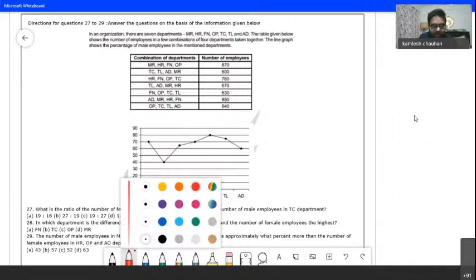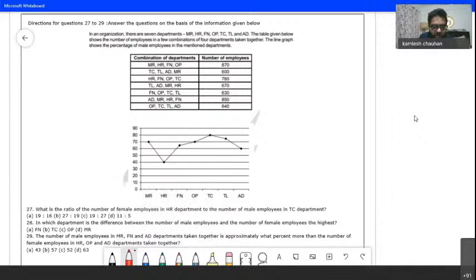if the 5 departments, I'll see MR. So MR is once, twice, thrice, 4 times. HR 1, 2, 3, 4 times. FN 1, 2, 3, 4 times. OP 1, 2, 3, 4 times. TC 1, 2, 3, 4 times. TL 1, 2, 3, 4 times.